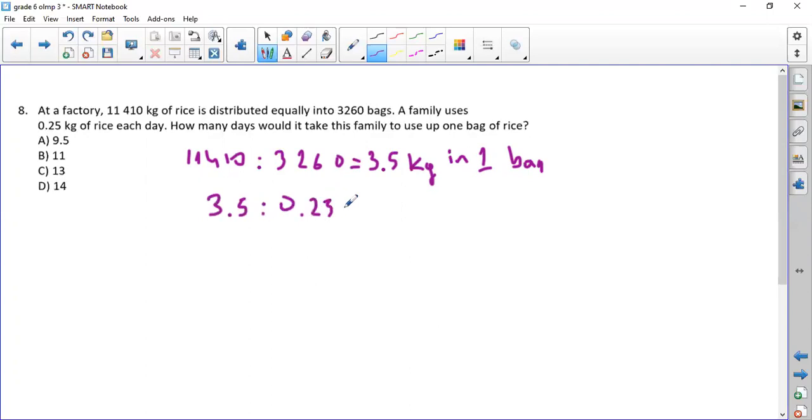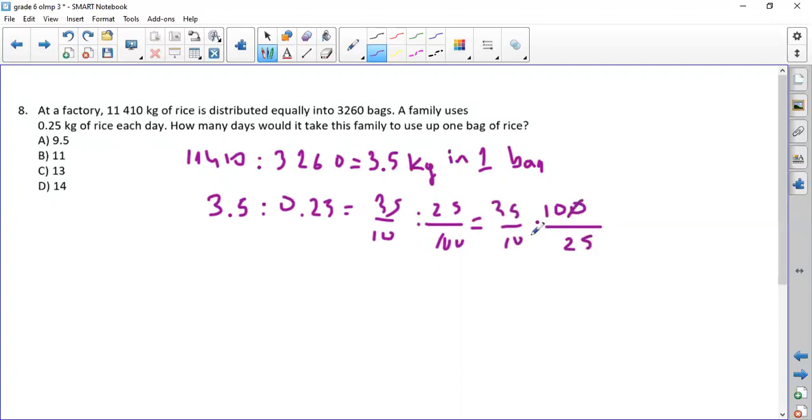We can write them as fractions to perform the division. 35 over 10 divided by 25 over 100. Okay, which is 35 over 10 times 100 over 25. We have to reverse the second fraction.